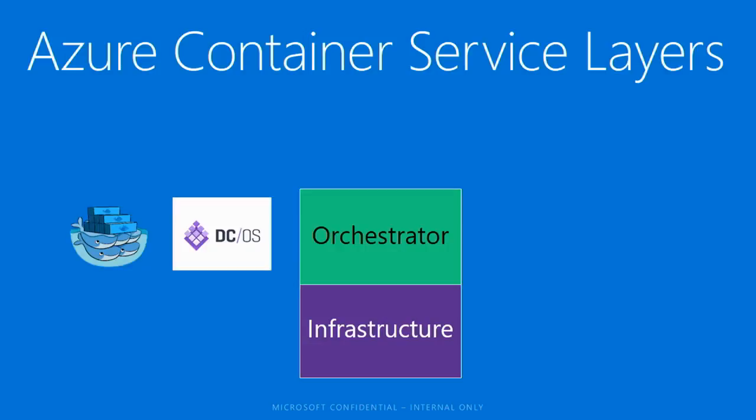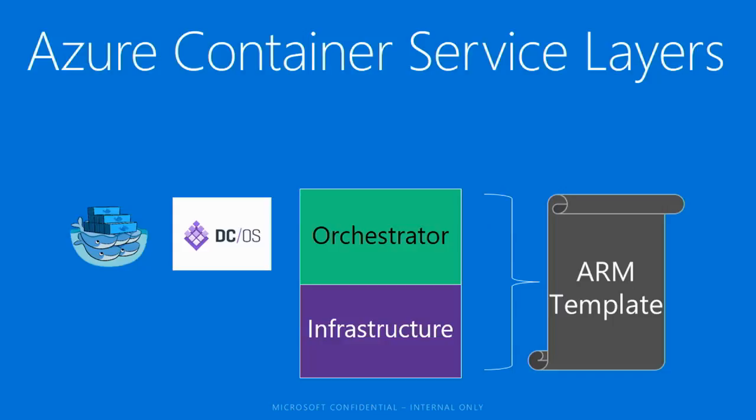Then we're bootstrapping all those virtual machines for you, installing the required packages and services like Docker, and then installing the orchestration platform on top. Effectively, based on your inputs, we're building a customized ARM template, and then we're installing that infrastructure and getting it all bootstrapped and ready to go.